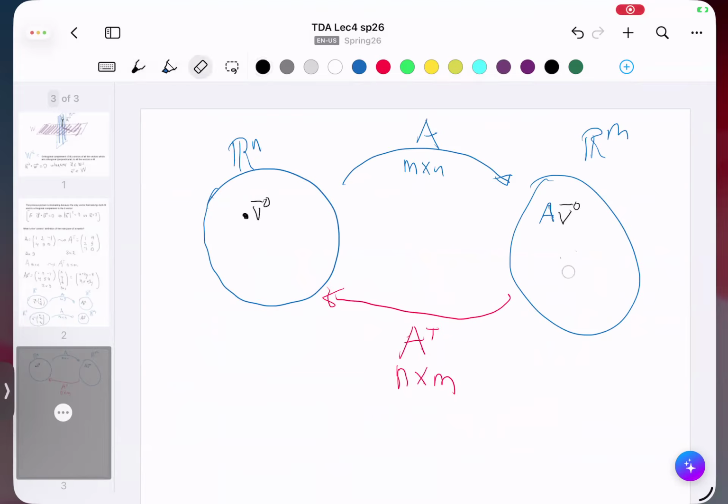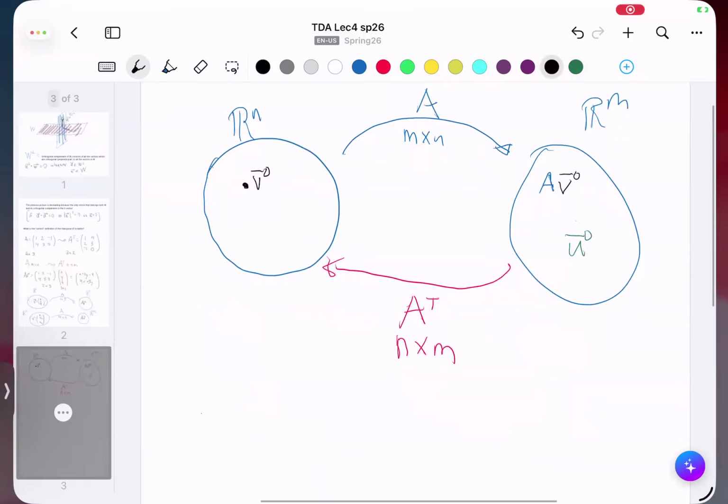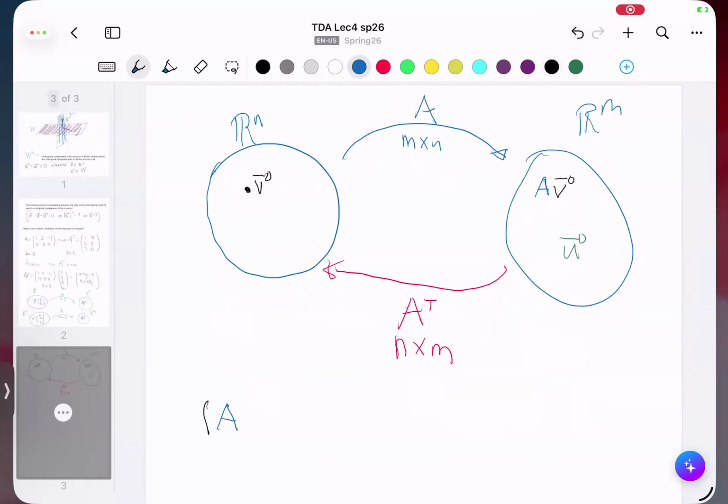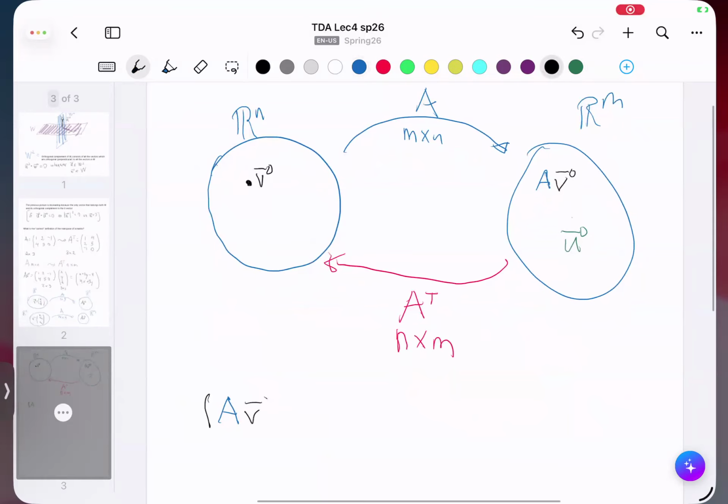Maybe let me use a different color so that it's not confusing. And then you have another vector U that lives in Rm. Now these two vectors, because they have the same size, you can take their dot product. So you can take the dot product of A times V with the vector U.